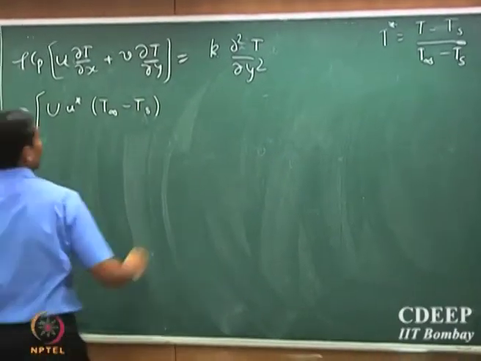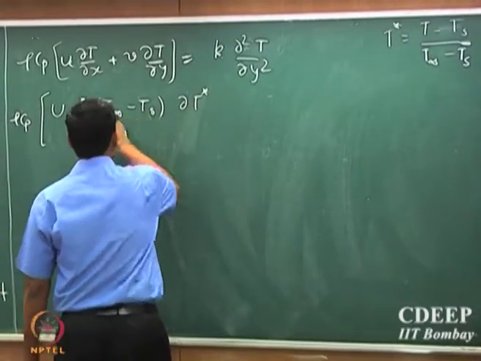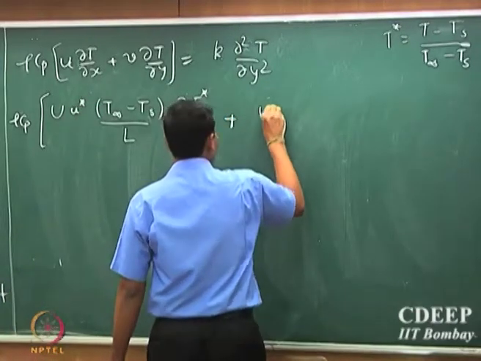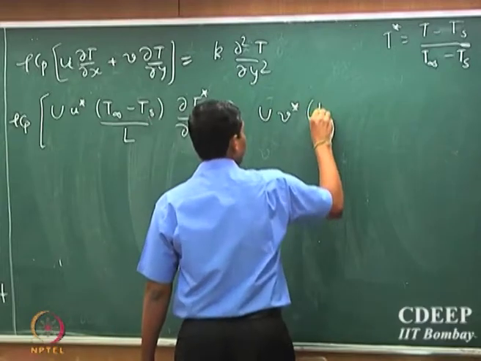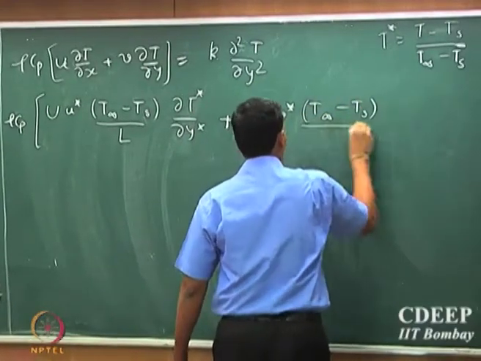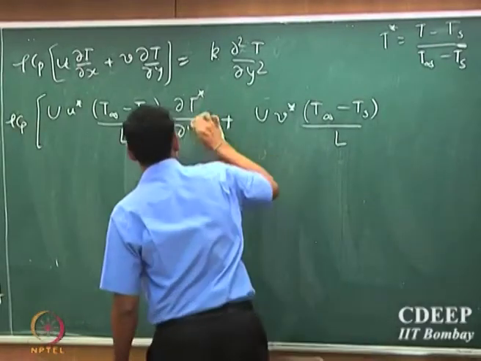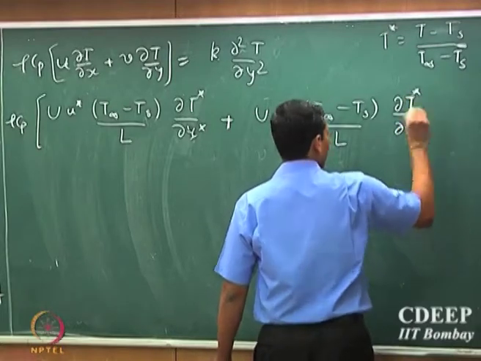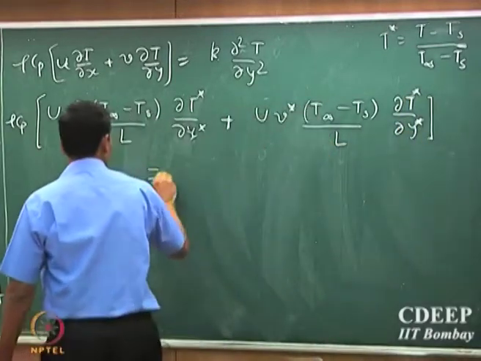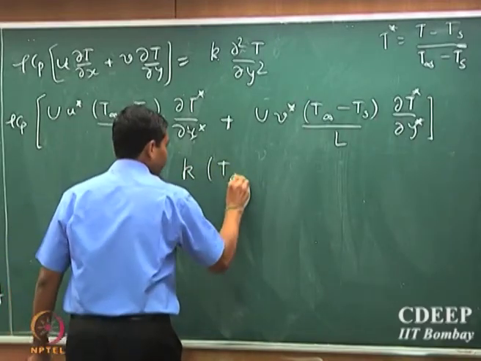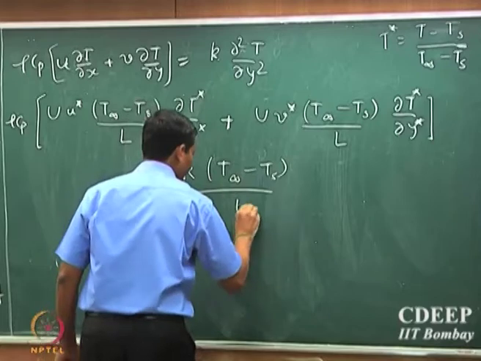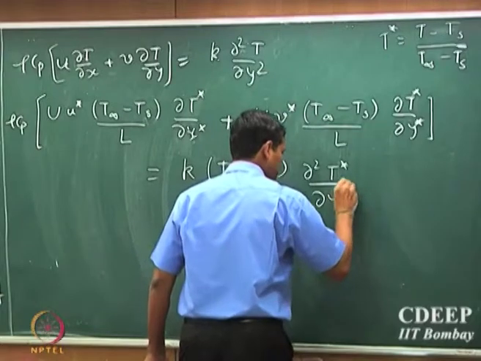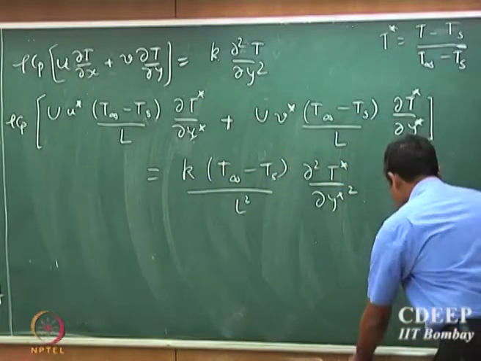rho Cp into dT star by dy star plus u into v star (T infinity minus Ts) divided by L into dT star by dy star, okay, that should be equal to k into (T infinity minus Ts) divided by L squared into d squared T star by dy star squared, okay.